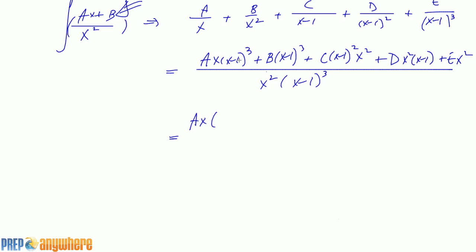It's very useful if you know your binomial expansion formula here, because you get x cubed minus 3x squared plus 3x minus 1. So I'm going to multiply this x in while I'm at it and change that power by 1 more. For B, it's the same thing as what I just wrote earlier.